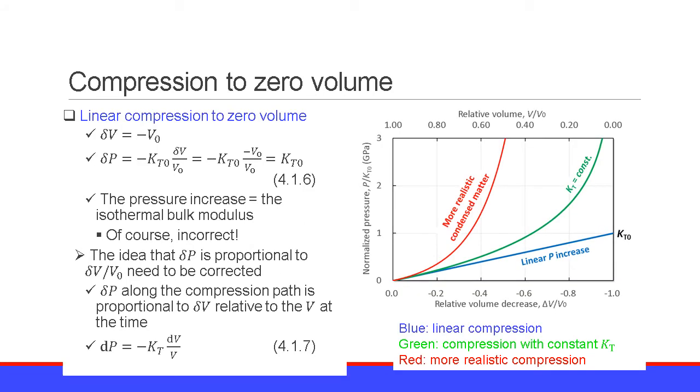Next, let us consider the compression to zero volume by assuming a linear compression. So delta V is equal to minus V0.